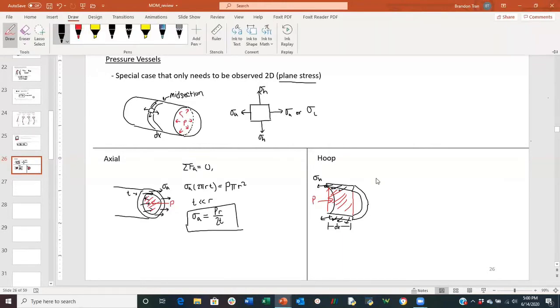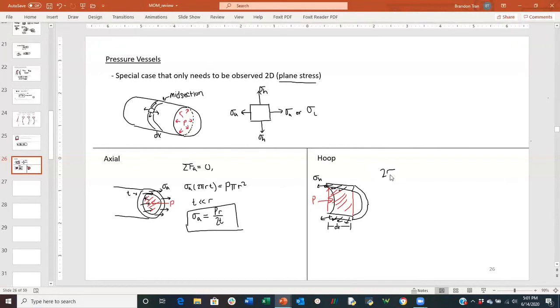The next thing we do is sum forces in the hoop stress direction for this model. You're going to get the following: 2 times the hoop stress, considering top and bottom walls, times the thickness, times dx, the arbitrary section of the pressure vessel we're taking in the longitudinal direction, equals the pressure itself times 2 times r dx.